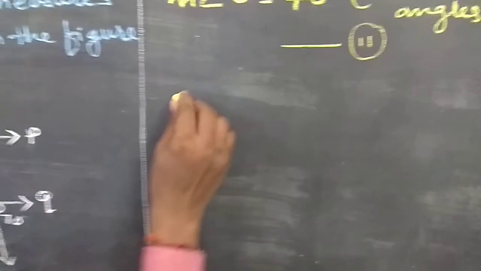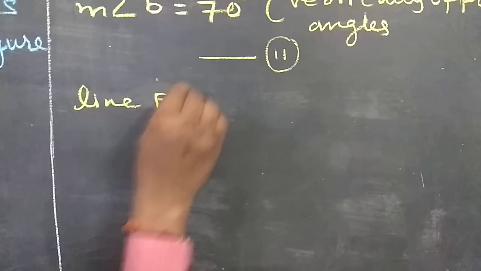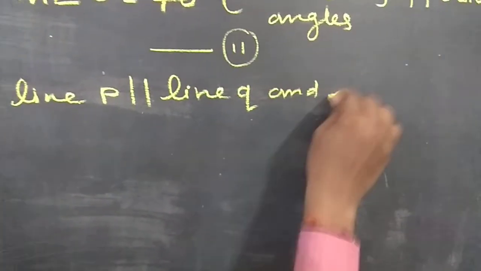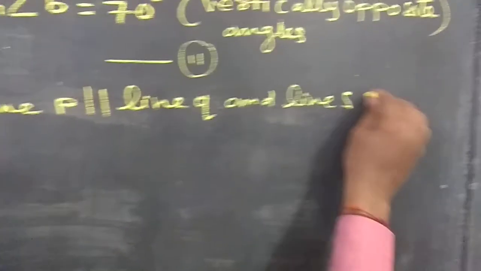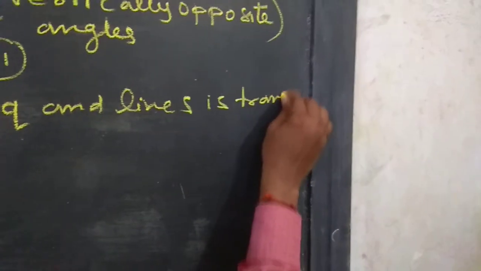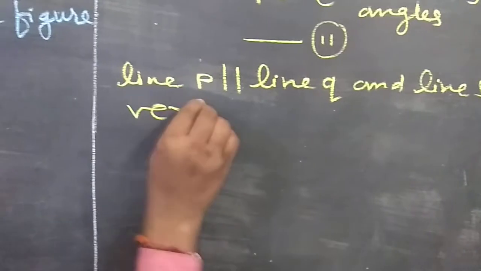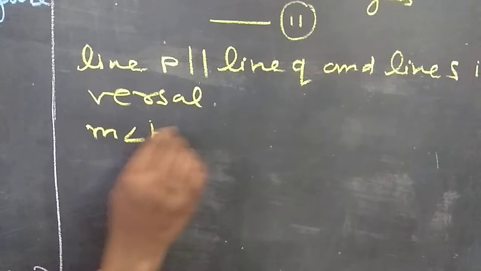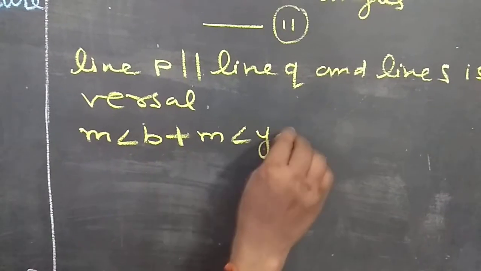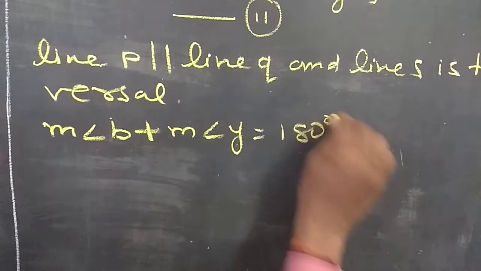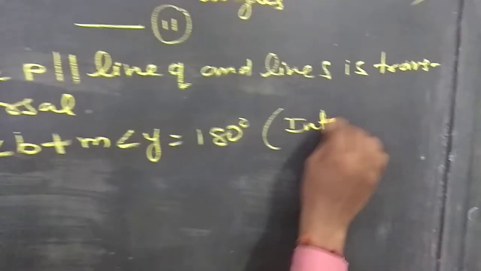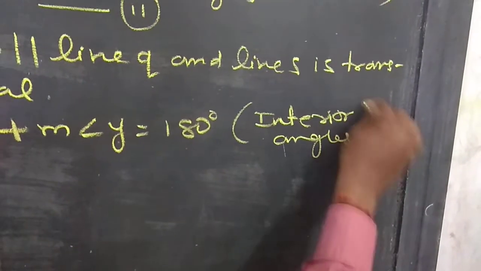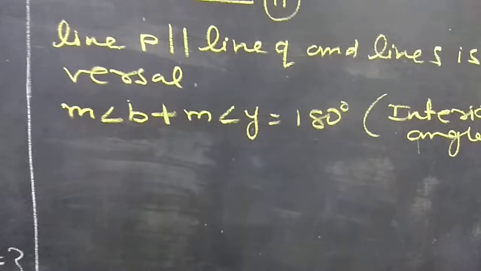Let us write the given information first: line P is parallel to line Q and line S is the transversal. Therefore, measure angle B plus measure angle Y is equal to 180 degrees. What is the reason? Interior angles. And we know the sum of interior angles is always supplementary.